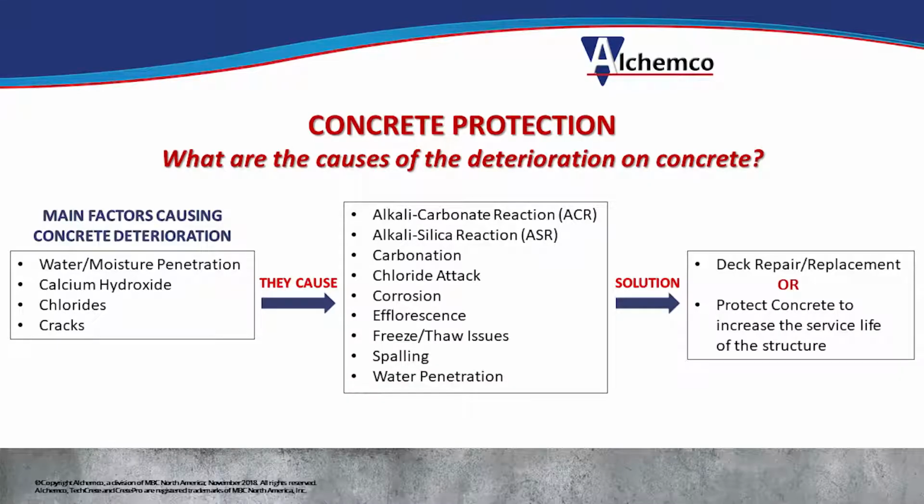So often the solution when a situation like that happens, depending on the stage, it's either the deck replacement, so we have to repair, or we have to build a new one. And another solution that's way less expensive and less time consuming is exactly apply something that's going to protect that from happening.